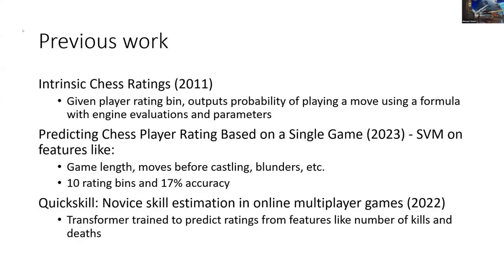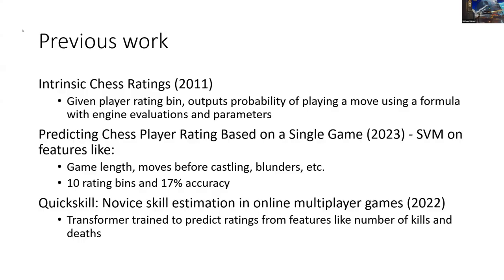They broke it into 10 different rating bands and then predicted the accuracy. The accuracy was 17%, so it was a bit tough. I think part of the reason was the way they distributed the data, but they didn't open source their data, so I wasn't able to compare it.